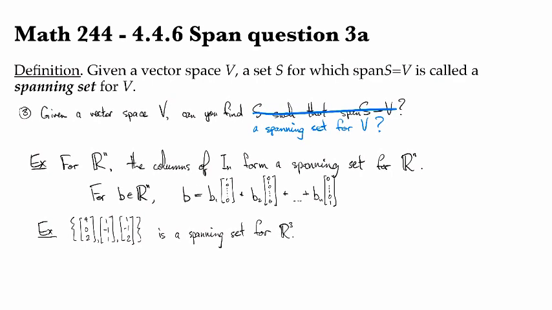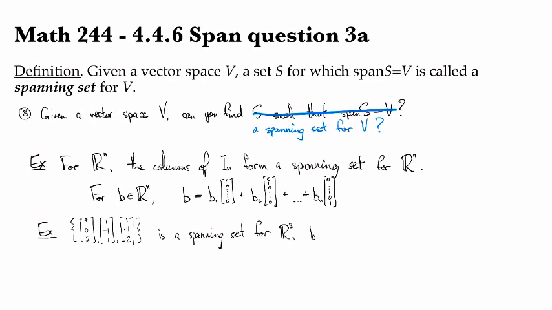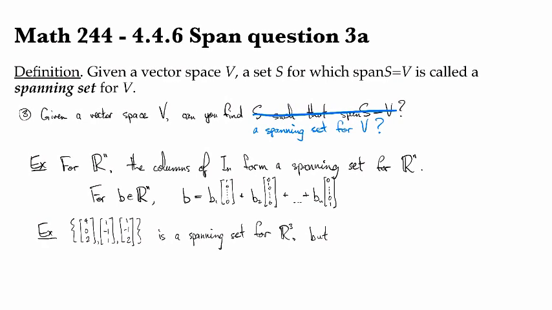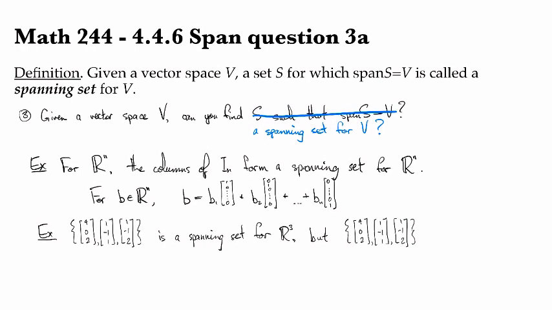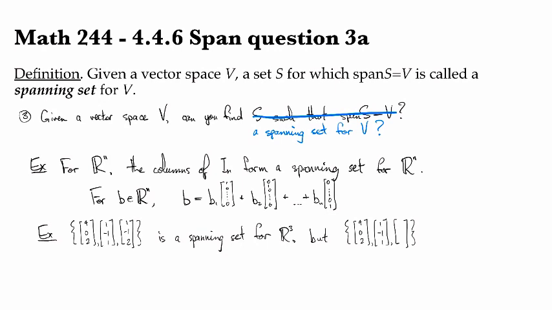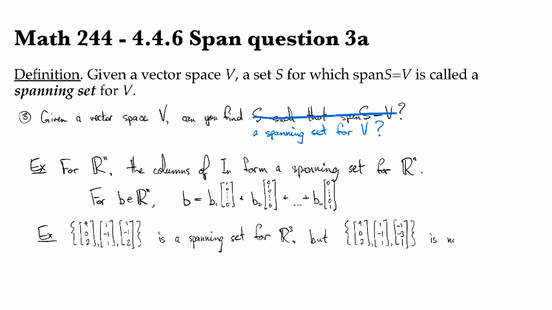And we also saw that if we take the one that's got third element of -1, -3, 1, then that one is not a spanning set for R3.